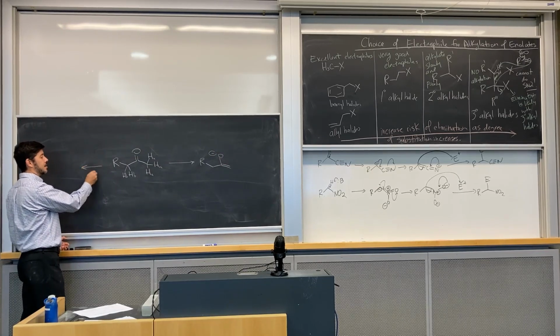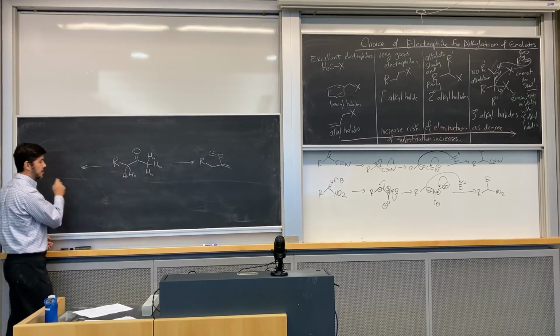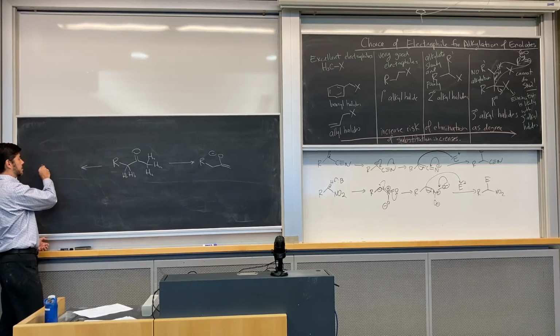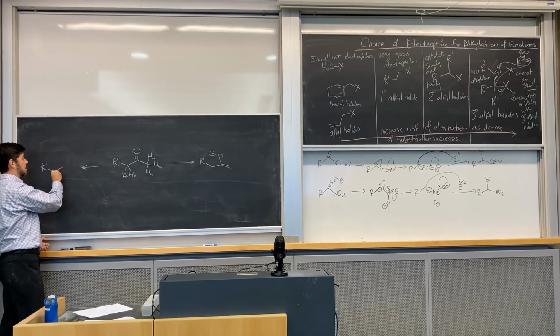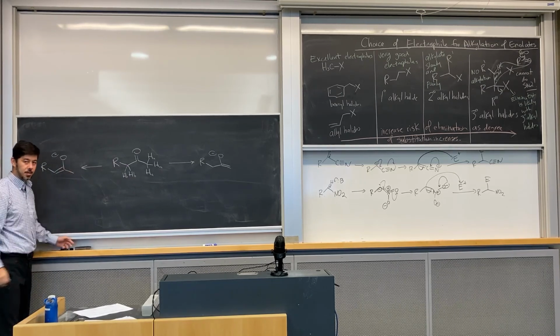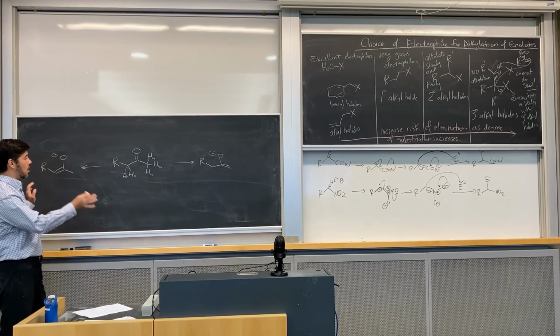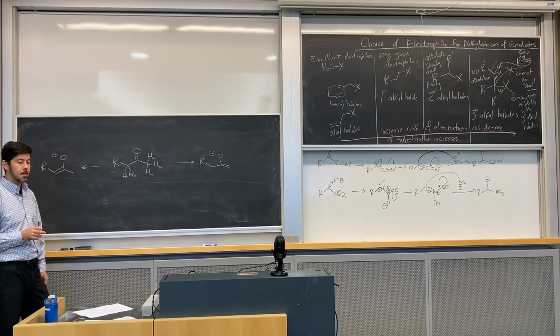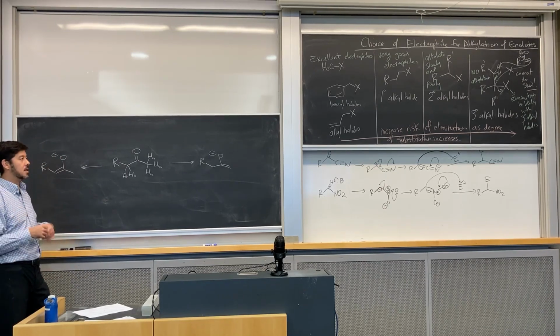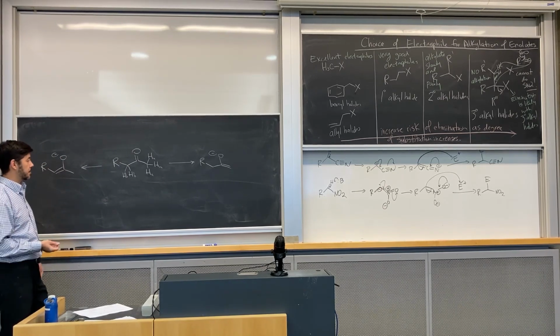On the other hand, if we take these protons here, that enolate is going to look like this. So how can we generate one versus the other? Let's take a look at the energetic differences between these two enolates and how they're formed.